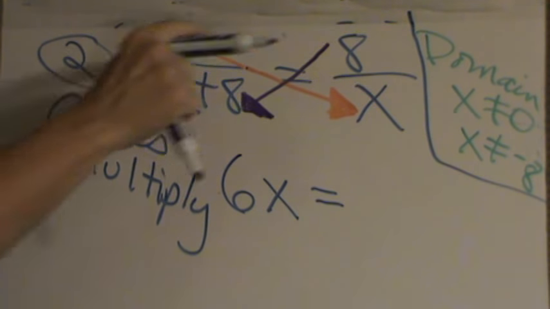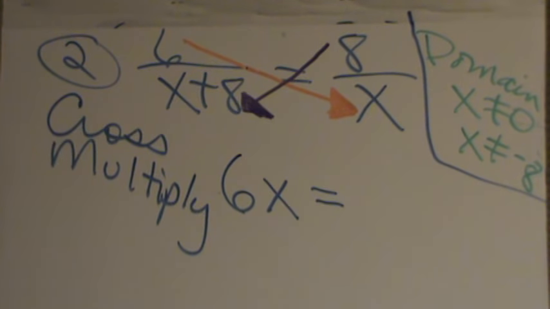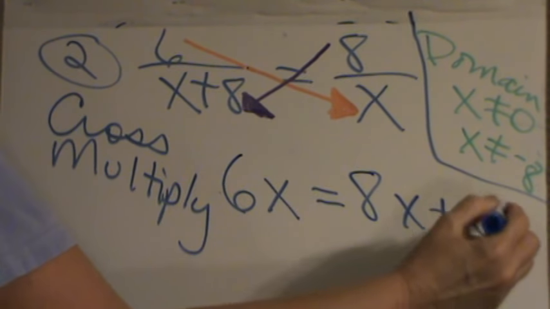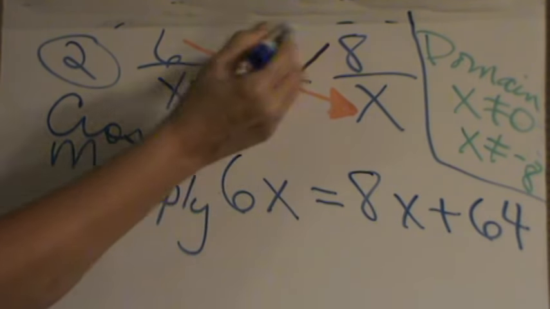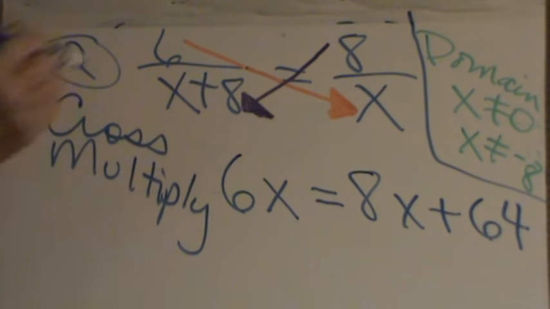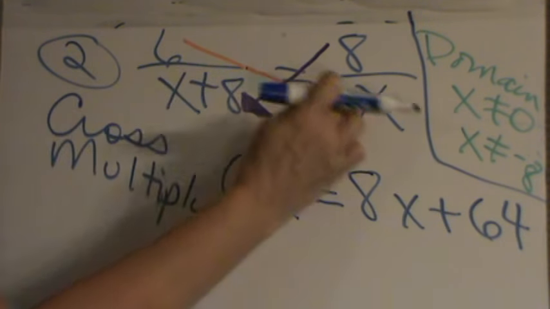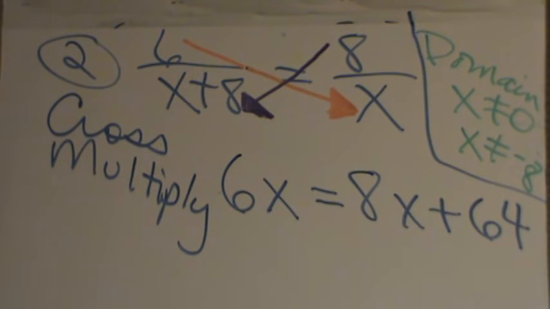Now remember, you have to multiply it by both items in that denominator. You'll have 8x plus 64. 8 times the x, 8 times the 8. The reason it's called cross multiplying is because if you do draw those arrows like I just did, it looks like a cross.